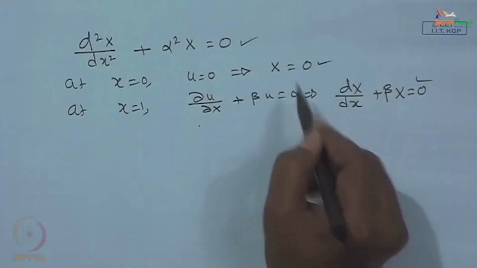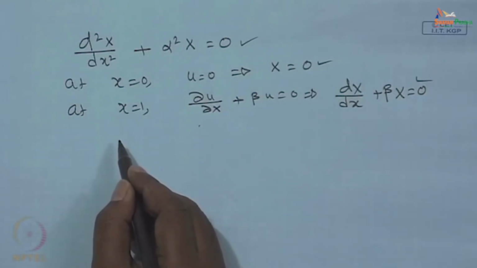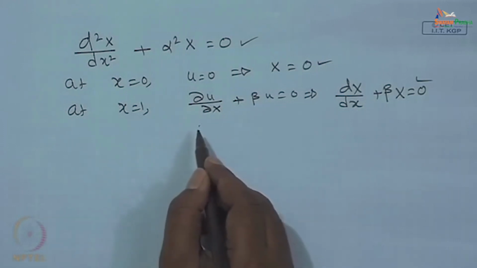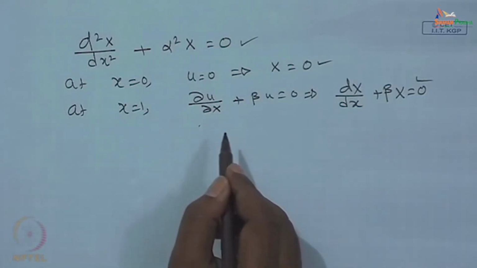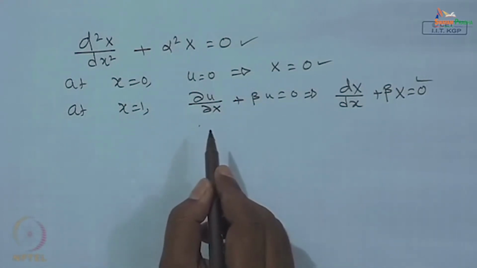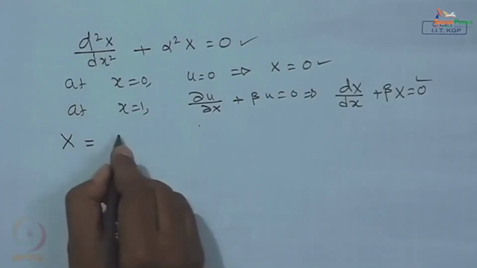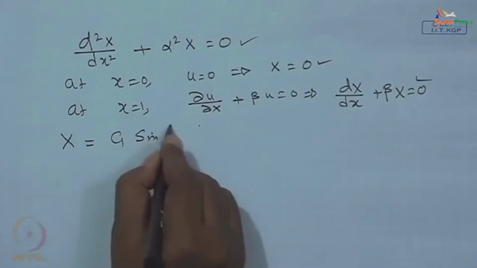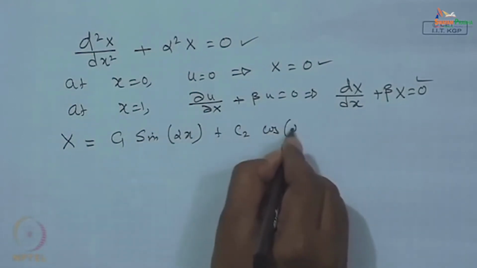So, this can be solved, and if I remember the eigenfunctions are given by the sine functions and eigenvalues are given by the roots of a transcendental equation, but I do not remember the form of the transcendental equation. Let us derive that. So, solution of this will be X is equal to C1 sin alpha x plus C2 cosine alpha x.